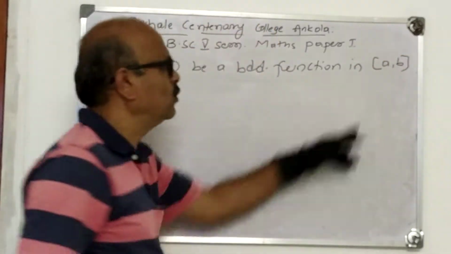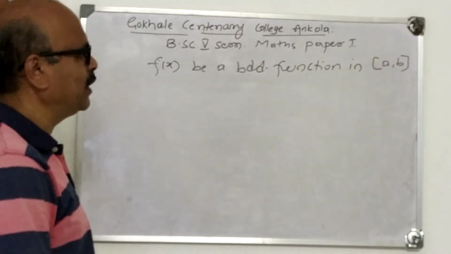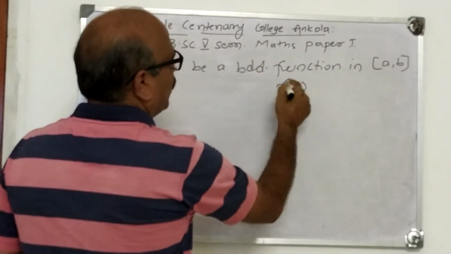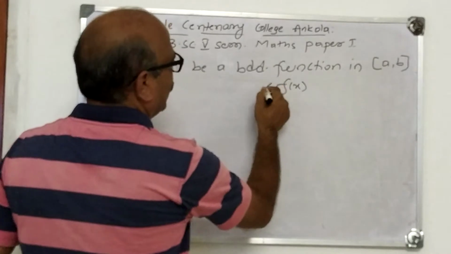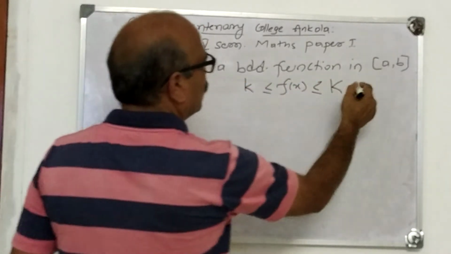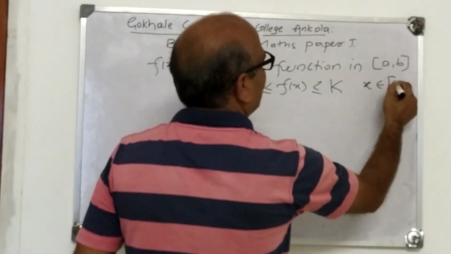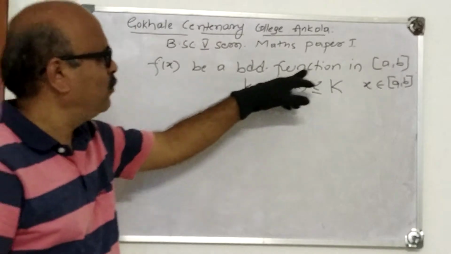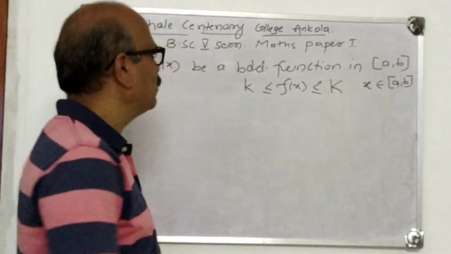This is the notation for closed interval. What do you mean by f(x) is bounded? f(x) is bounded means for all x belonging to [a, b], f(x) is greater than or equal to small k and smaller than or equal to capital K. Then we say that f(x) is bounded. Suppose f(x) is bounded in the closed interval [a, b].